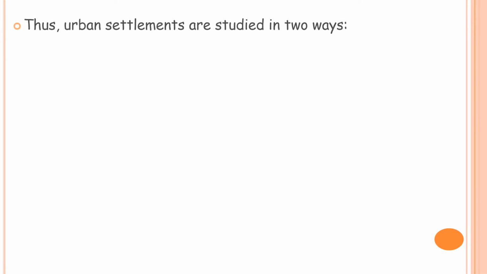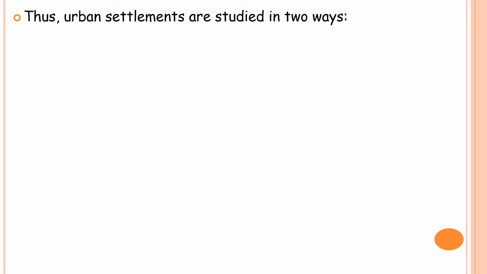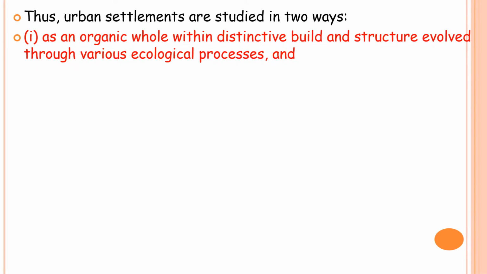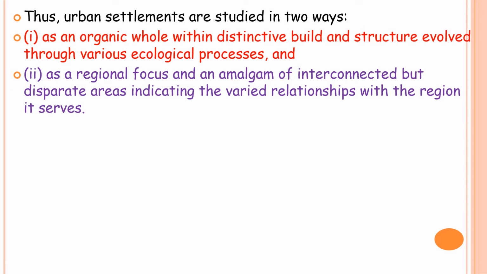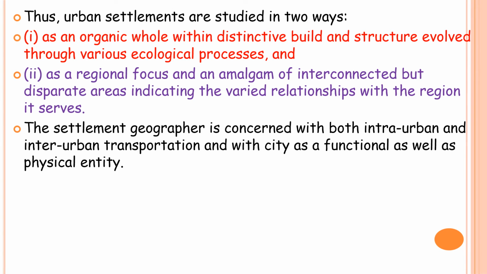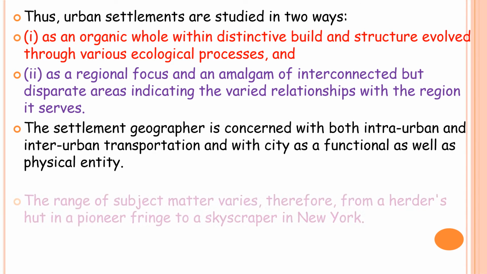Urban settlements are studied in two ways: as an organic whole, with distinctive built structure evolved through various ecological processes, and as a regional focus, interconnected with the areas and indicating the various relationships with the regions it serves. The settlement geographer is concerned with both intra-urban and inter-urban transportation, and with the city as a functional as well as a physical entity.